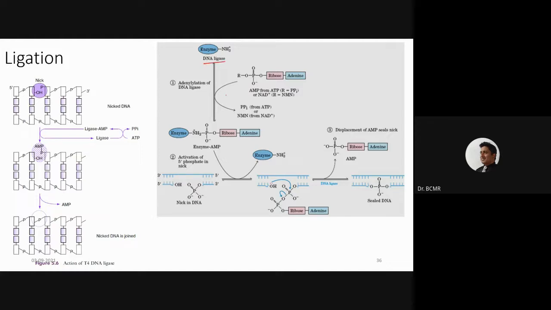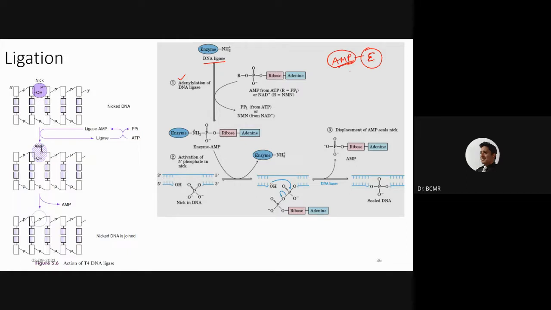DNA ligase undergoes, as the first step, adenylation, which means binding of AMP to the enzyme. That addition of AMP to an enzyme like DNA ligase is called adenylation.